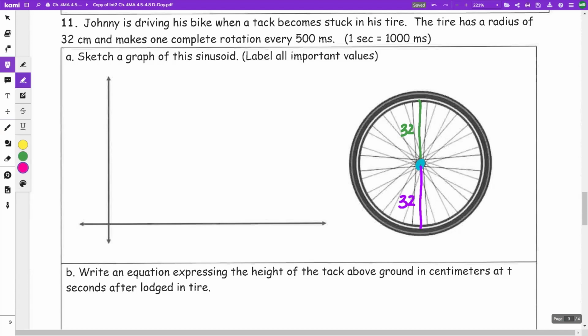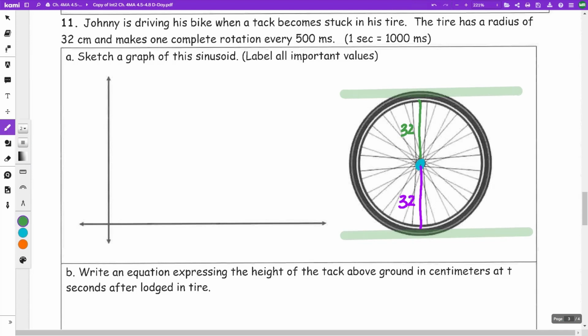So in this situation, it's a little different than a lot of the ones we see. Our high is going to be up here at 64. Our low is going to be 0. A lot of times we aren't starting at 0 in terms of our low. And then our center, or our vertical shift, is going to be at 32 in this case.